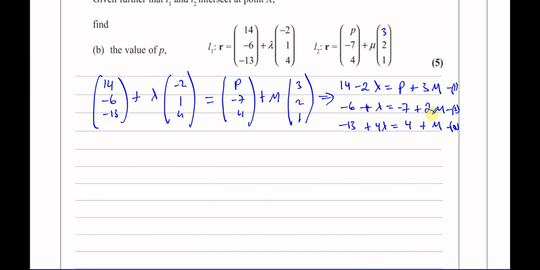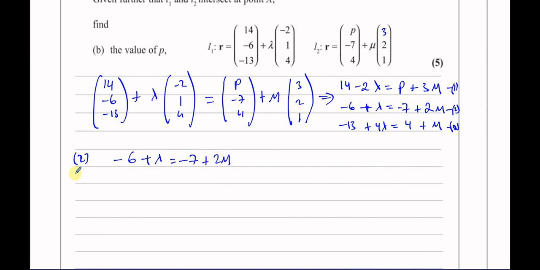I'll take equation 2 as it is, and I'll take equation 3 and multiply it by 2 so that this becomes the same coefficient as that. So equation 2 is negative 6 plus lambda equals negative 7 plus 2 mu.